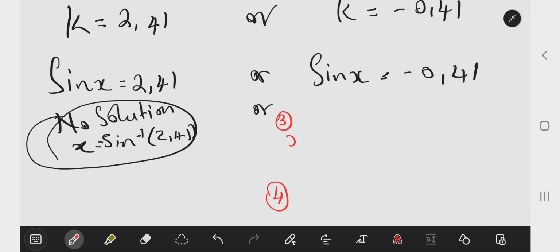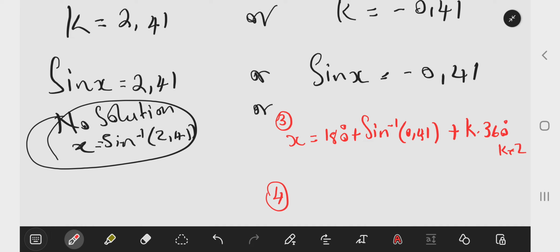So lana izothini x is equals to 180 plus arcsine of 0.41. Awusawufaki lo negative because lo negative ukhetha kule quadrant ukuthi sowukhethile wena ukuthi i-quadrant yakho quadrant number 3 la u-negative khona, right? So la uzoyifaka as positive ke la, then plus k times 360, k is an element of z, right?